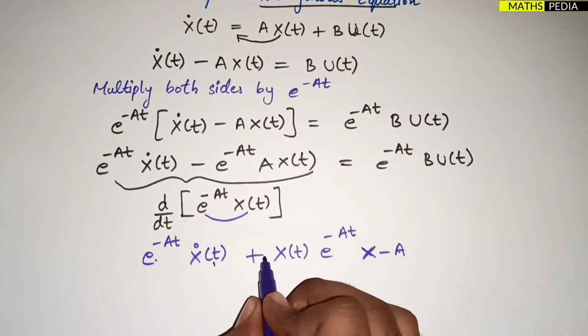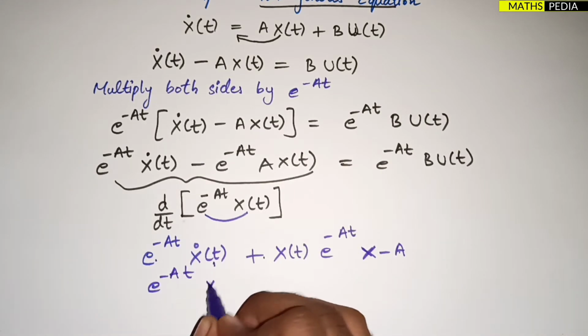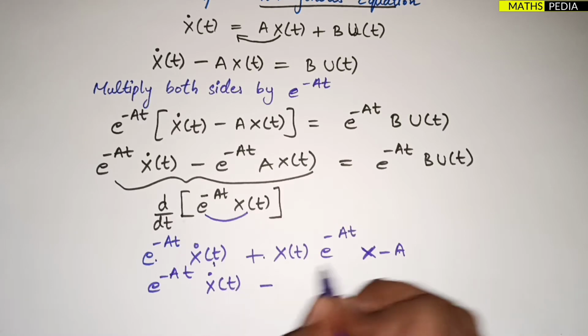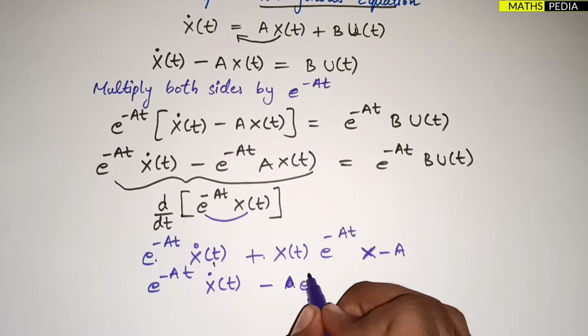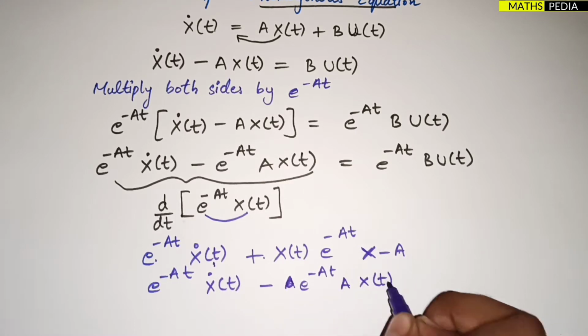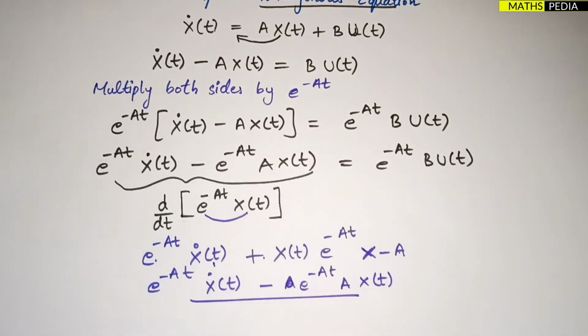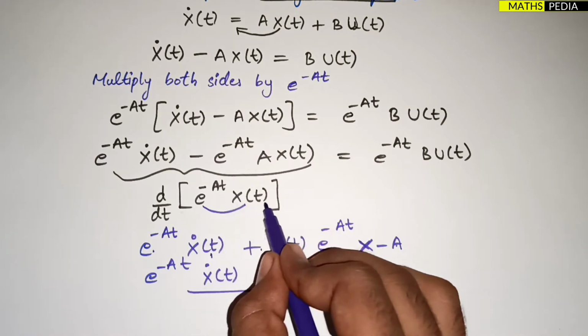Now this minus I can bring here, so this will become e power minus At into x dot of t minus A, or I can write minus e power minus At into A into x of t. Okay, same thing. So when you see this and this term, they both are the same. That's why I said it is the differentiation of e power minus At into x of t.